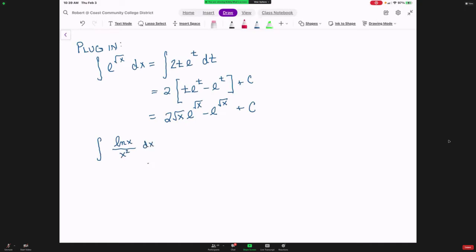Okay, now we can't use u equaling x squared and dv equaling natural log of x dx, or u equaling natural log of x and dv equaling x squared dx.